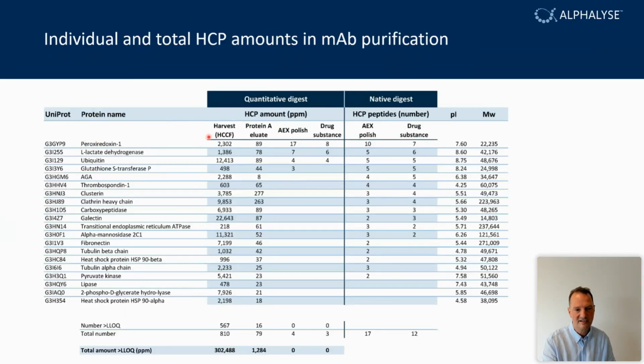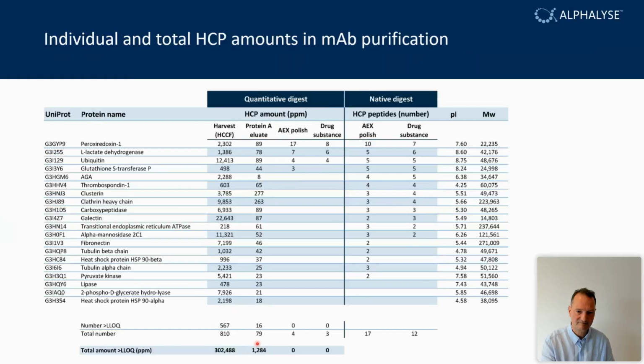The numbers here represent the amount of HCP calculated as nanogram HCP per milligram drug substance, or parts per million. Victor will come back to a little bit how we quantify this. So we get the number and the amount of HCP. You can look at the individual HCP and see how it purifies and clears through the different process steps. And also you can see the sum of the HCP amount, so you get a total amount of HCP in that particular sample.